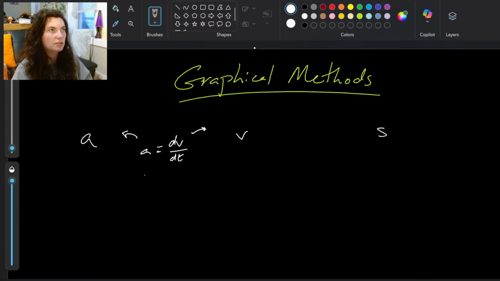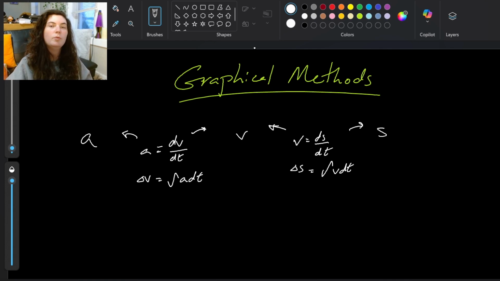We could rewrite this also as our change in velocity is the integral of acceleration with respect to time. We can use the same idea to go between velocity and position, right? Our velocity is just the derivative of position with respect to time, or our change in position is the integral of velocity with respect to time.